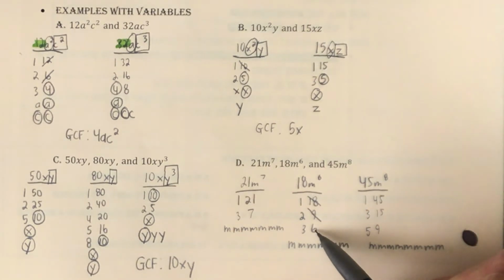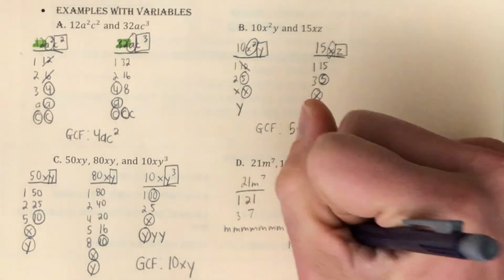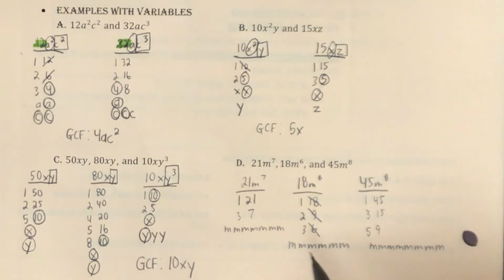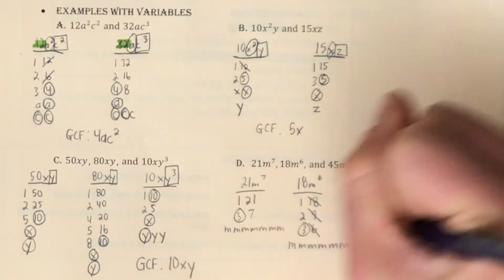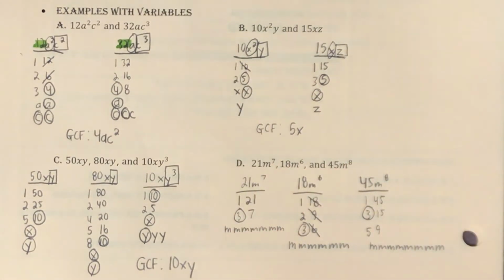Is 6 on all the lists? No, it's not. Is 3 on all the lists? 3 is here, 3 is here, and 3 is there. So 3 is the number that's on all 3 lists. So there's our greatest common factor for the number.